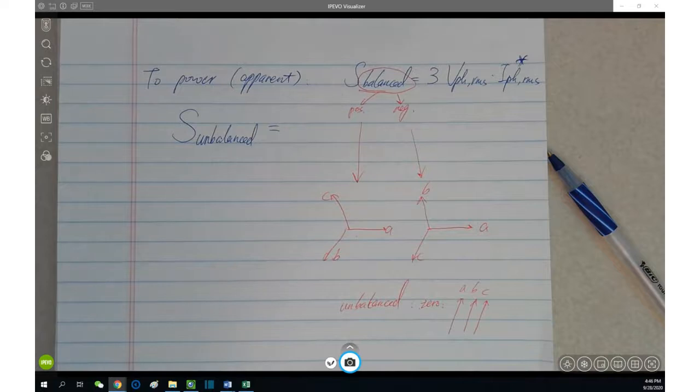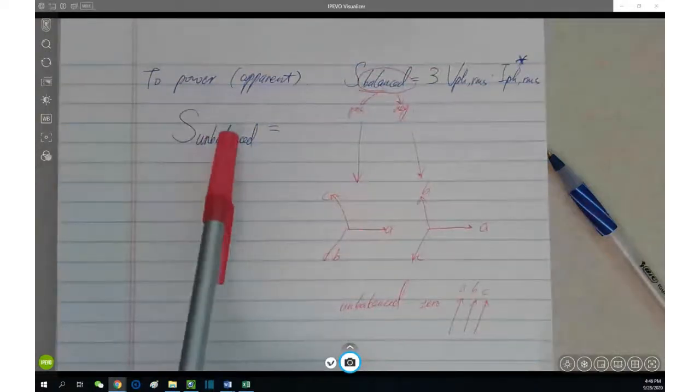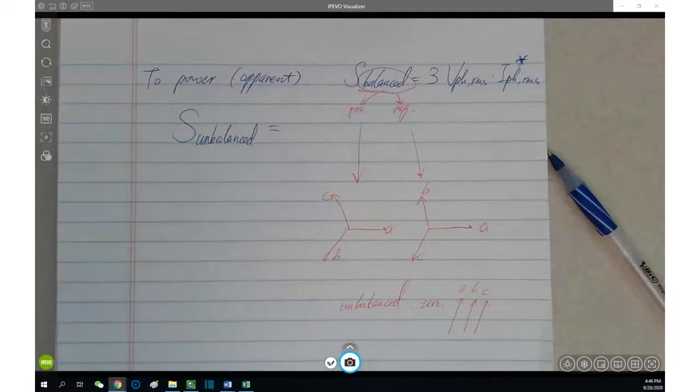Does it make sense? So now how will you calculate the total unbalanced three-phase power then? How? Any idea?